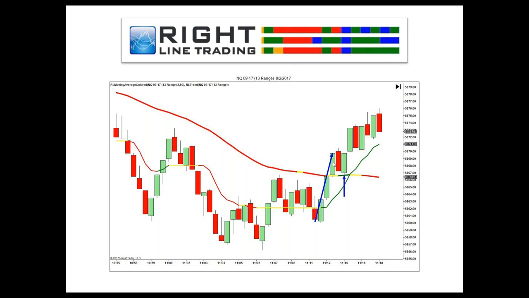And the three white soldiers tell you that the bulls are really in control of the market, and all you're doing is combining this configuration with the pullback and the fact that the modified 15 is continuing, and the modified 15 here is ripping to the upside. This is a significant slope degree here.